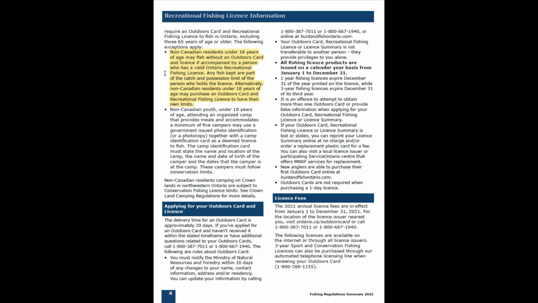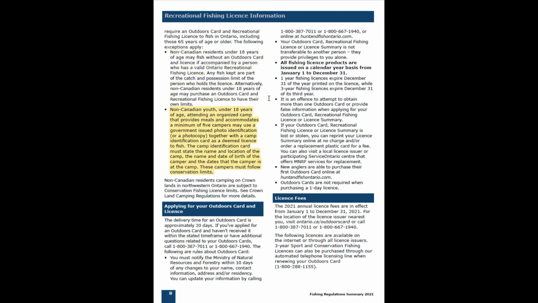So if a dad and daughter want to come up from the States and fish in Ontario, the daughter, who's 10 years old, does not need a license. The dad, however, does. And they can only fish as much as the dad's license allows him to catch. If they want to catch more than that, the daughter also has to have a license so that they can keep more fish.